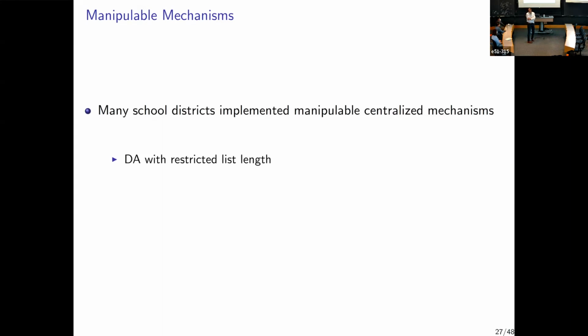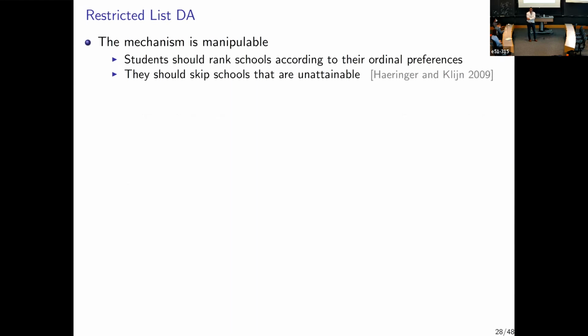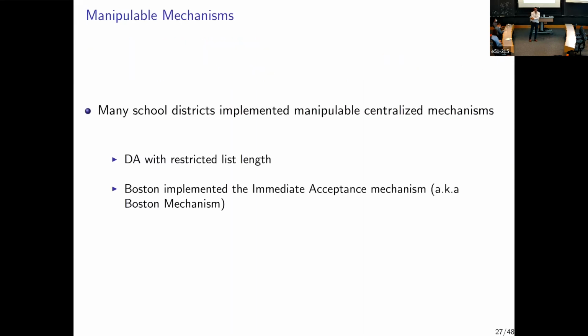One way in which some strategic considerations got into the mechanism was that students couldn't rank all the possible schools. Another is that they use mechanisms that are not strategy-proof, like the Boston mechanism that Irene was talking about. Okay, so we have also developed tools to think about cases when the allocation mechanism is manipulable.